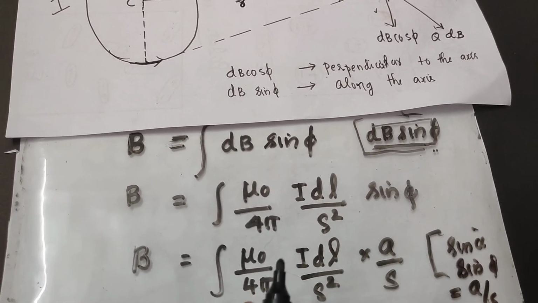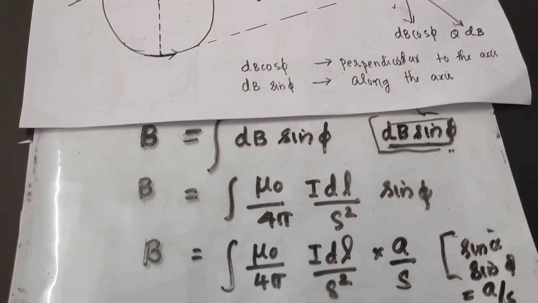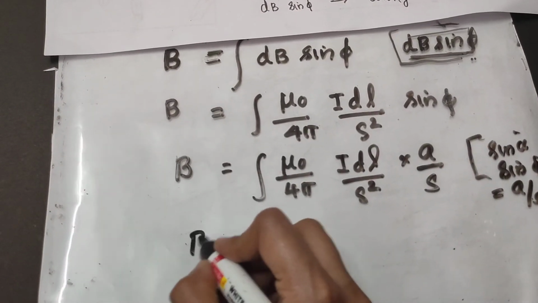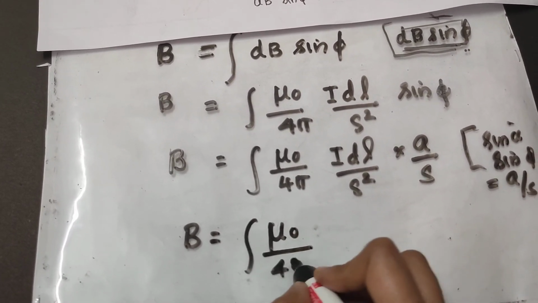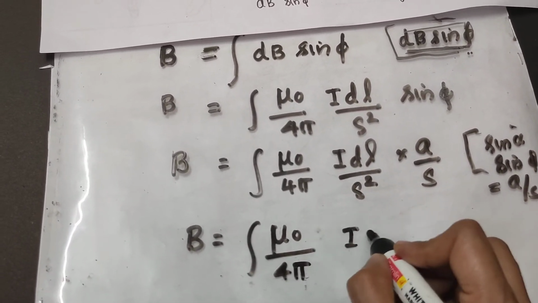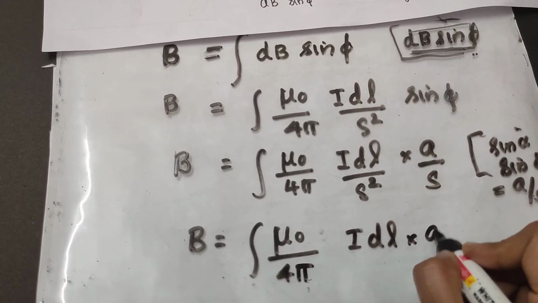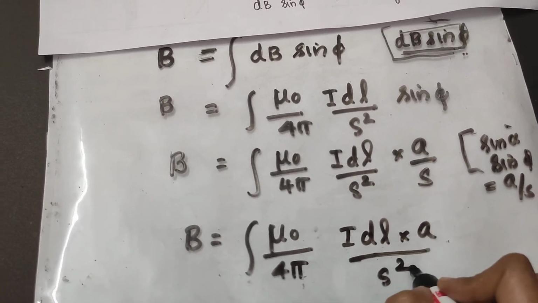So this equation can be written as B = ∫ (μ0/4π) I dl · a/s³.